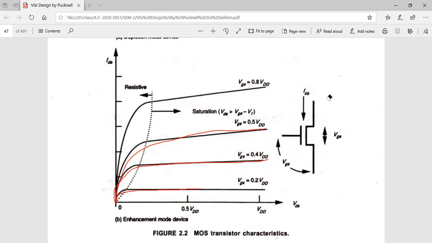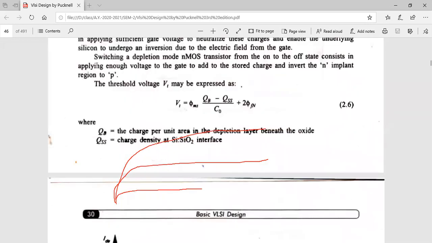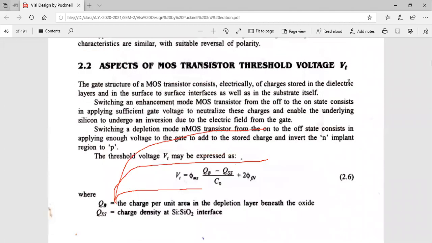Remember, what we are discussing is the aspects of MOS transistor threshold voltage VT. After the detailed discussion of IDS versus VDS, where we used this threshold voltage, we have to know in detail how it is going to impact the transistor operation.